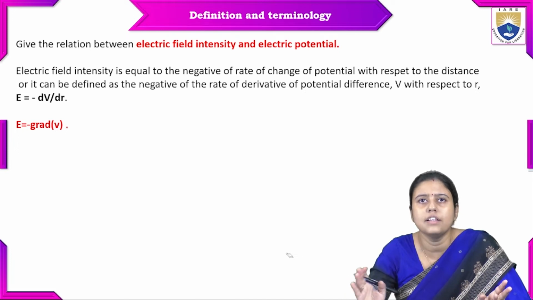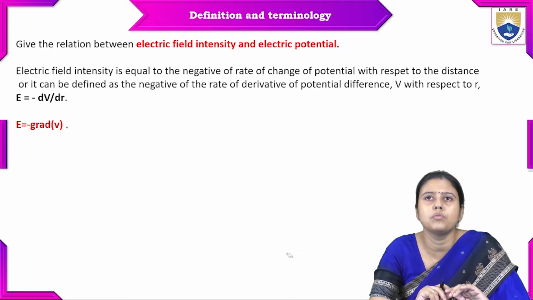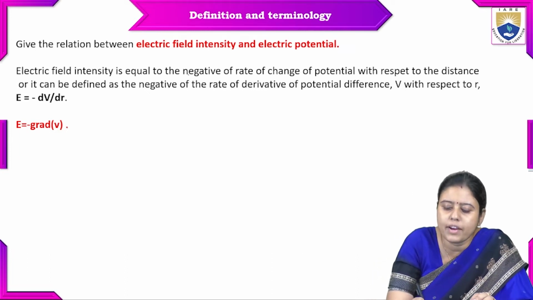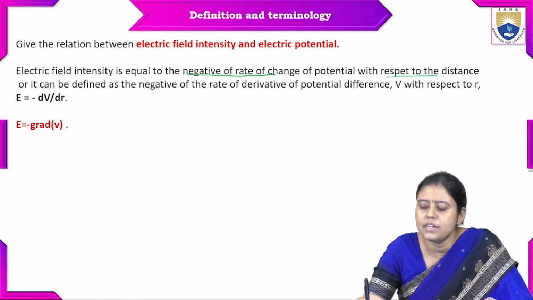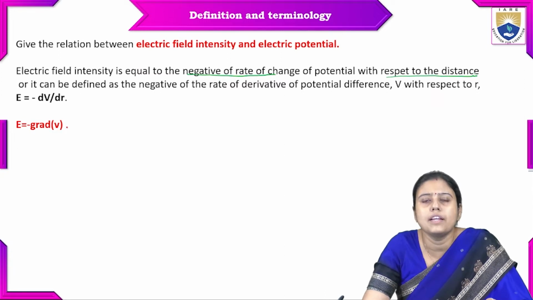So what is the relation between them? Electric field intensity is equal to the negative rate of change of potential with respect to distance. This is a very important term.